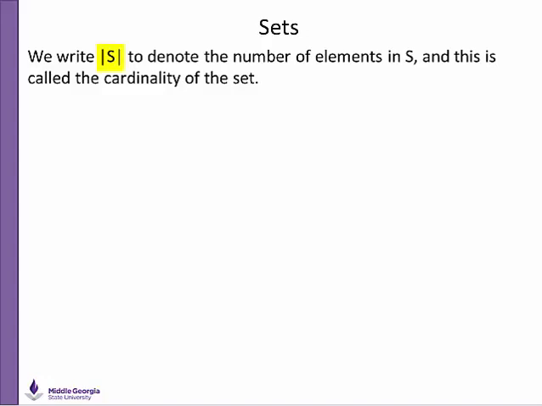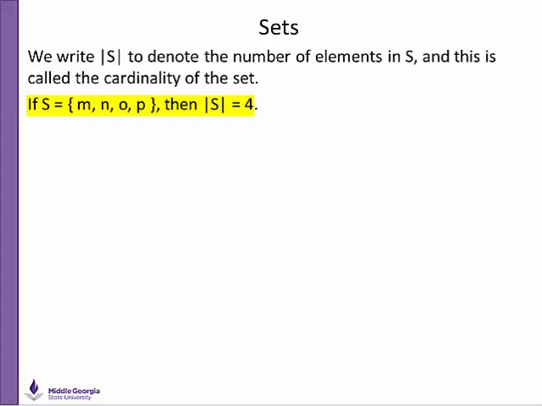We write the cardinality of S to denote the number of elements in S, and this is called the cardinality of the set. The symbols look identical to the symbols we use for absolute value of a number. If S equals the set containing m, n, o, and p, then the cardinality of S equals 4.